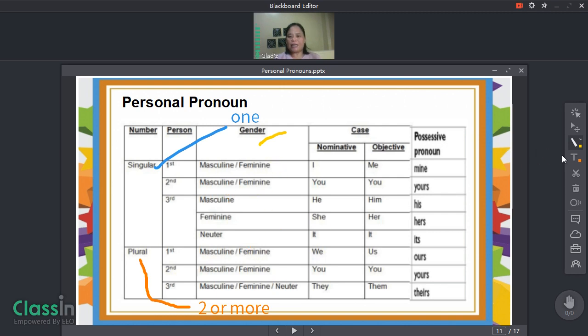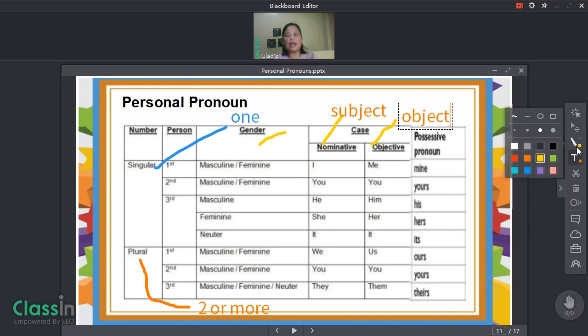And then for the cases, we have the nominative case, which, like what I told you a while ago, is used as a subject. Then we have the objective case, used as object in the sentence.